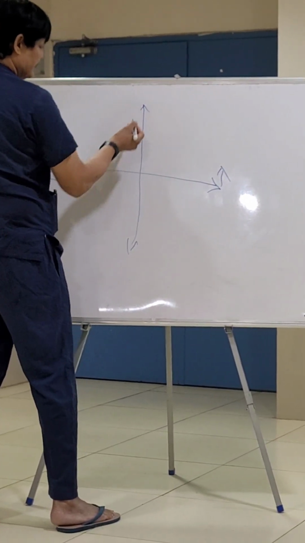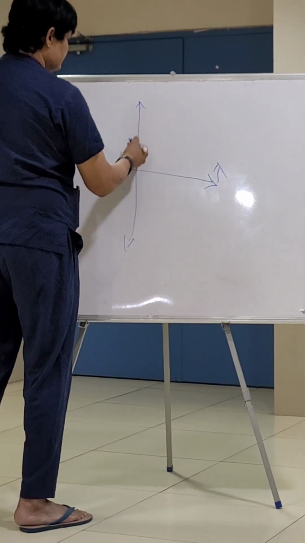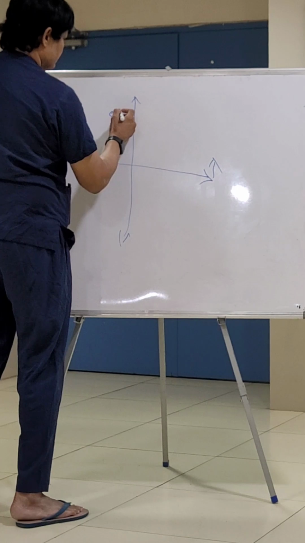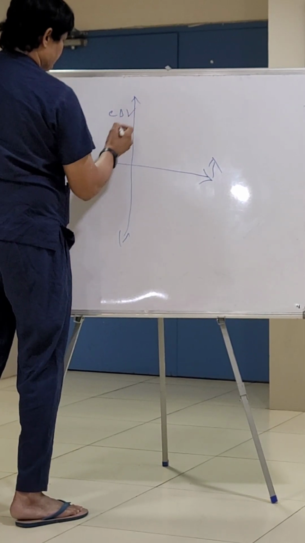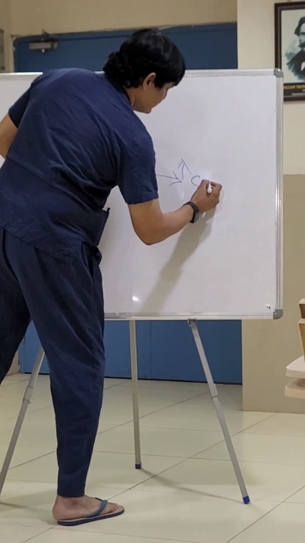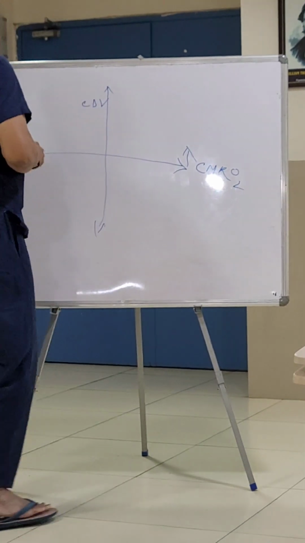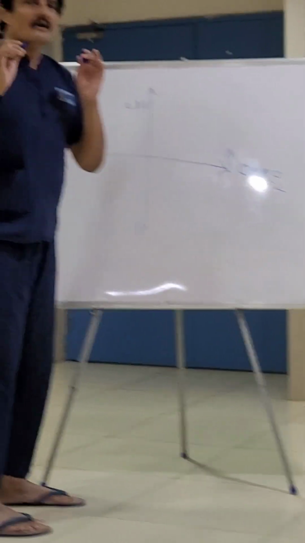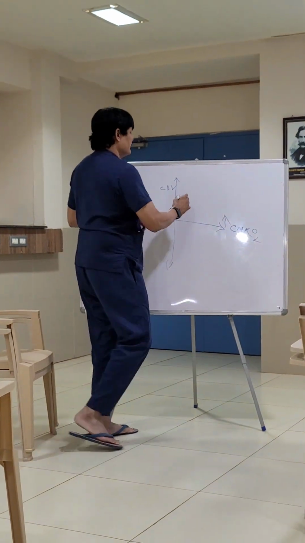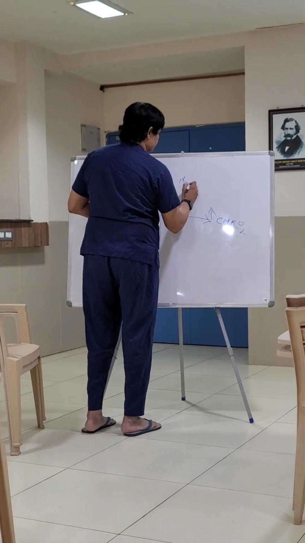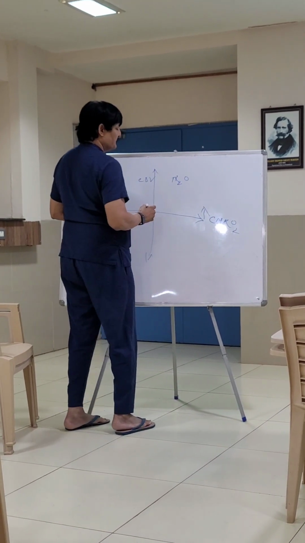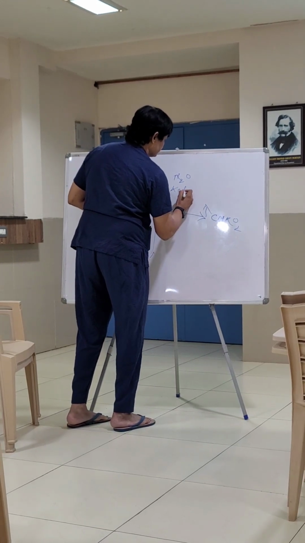This is increase and this is decrease. Now this is cerebral blood volume and this is CMRO2. The only two drugs in this quadrant will be nitrous oxide, N2O, and ketamine.